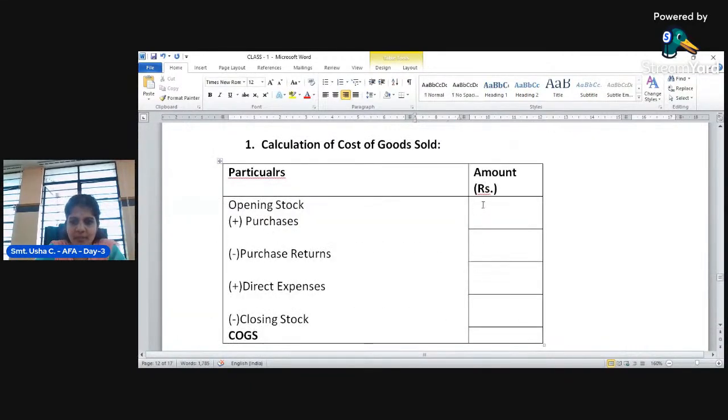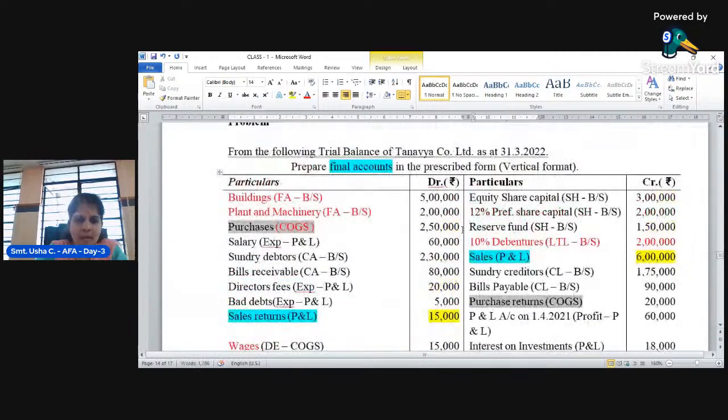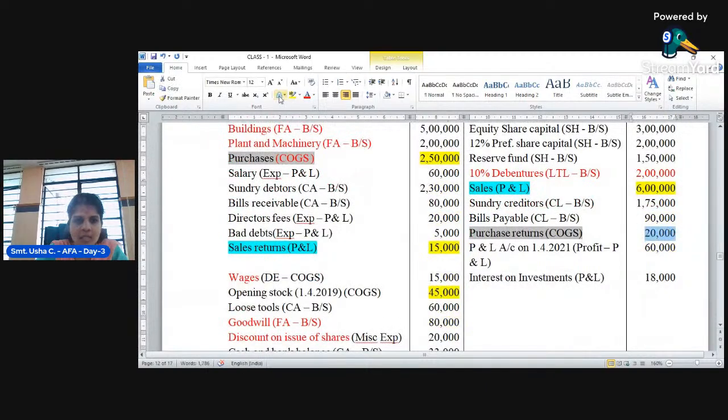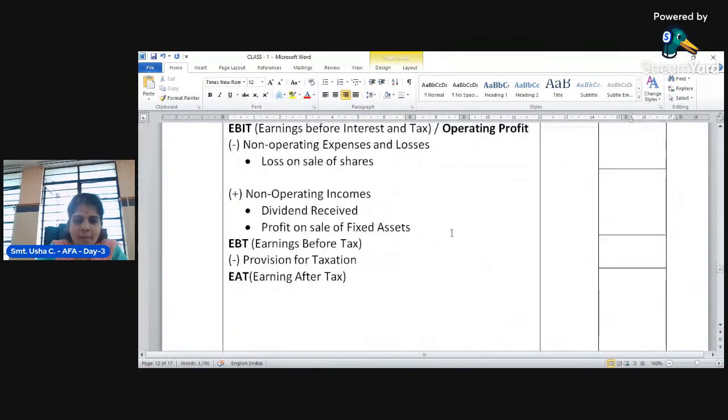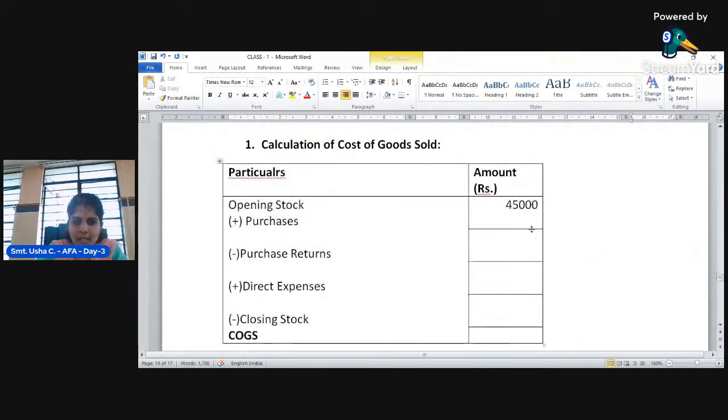Opening stock is 45,000. Then we need purchases. Purchases 2,50,000 and purchase returns 20,000. If you add that, total is 2,95,000.